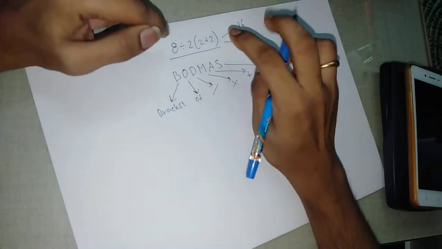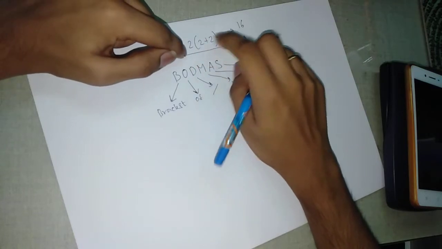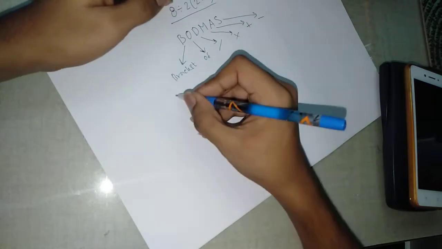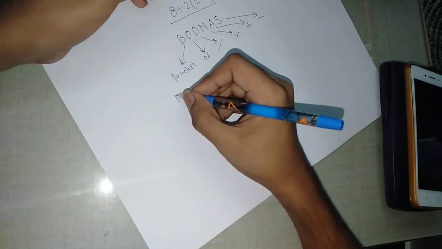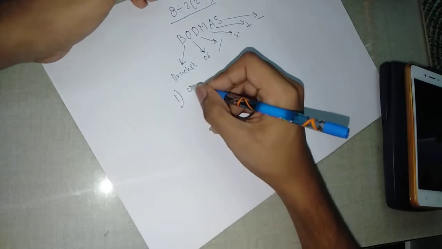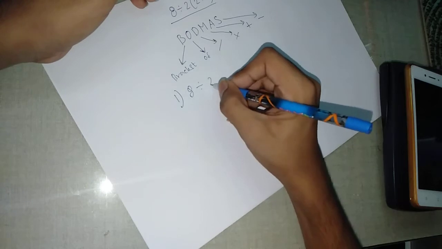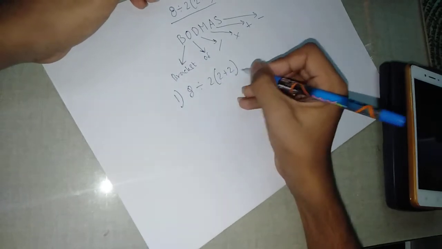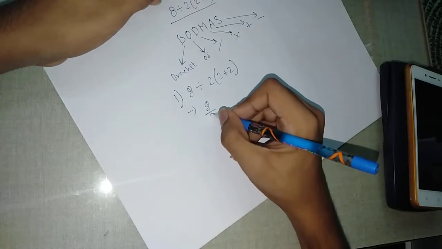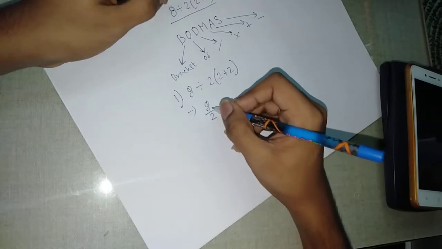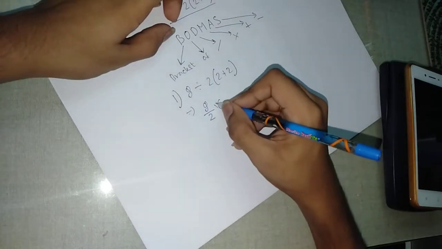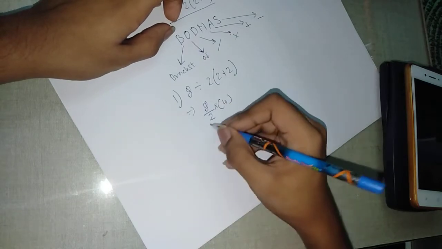So if we follow this, 8 divided by 2(2 plus 2), and do it by hand using the BODMAS rule, then what we will find is 8 divided by 2, and then 2 plus 2, that is 4.